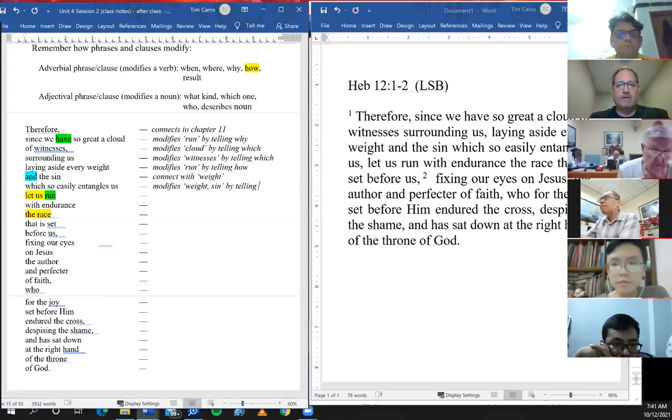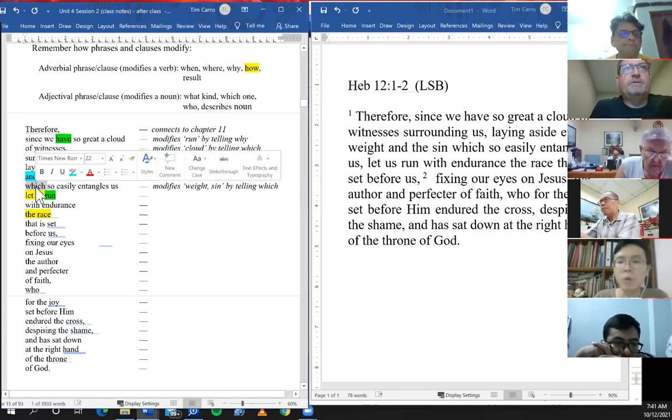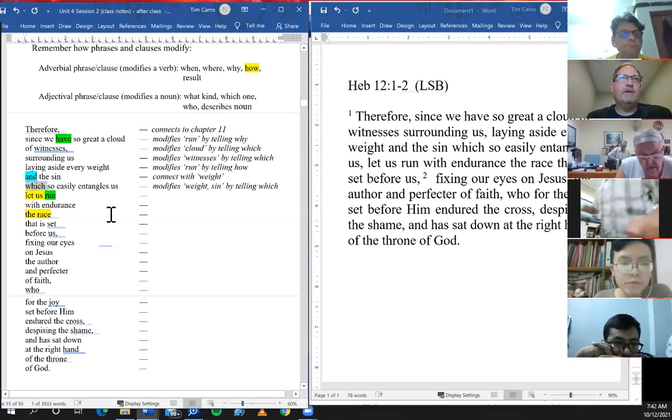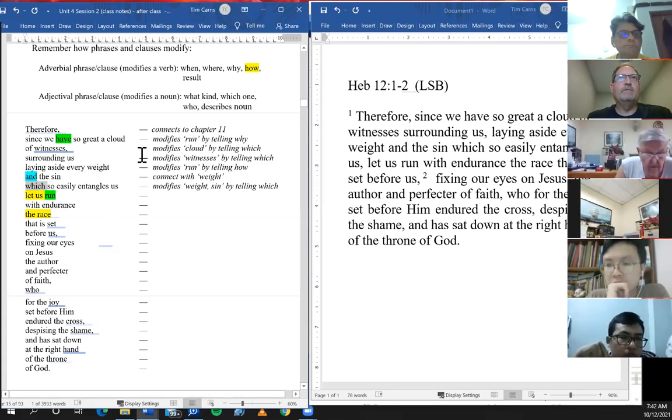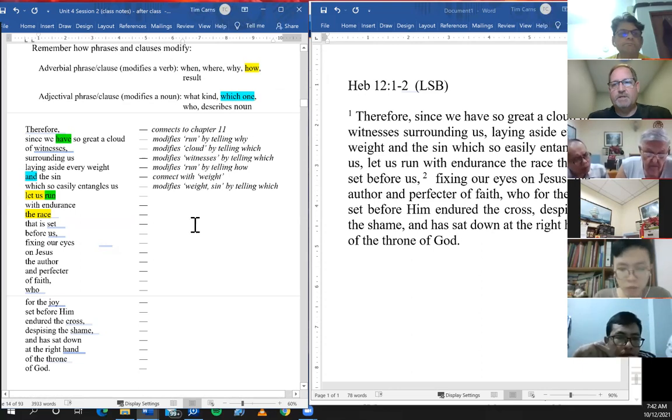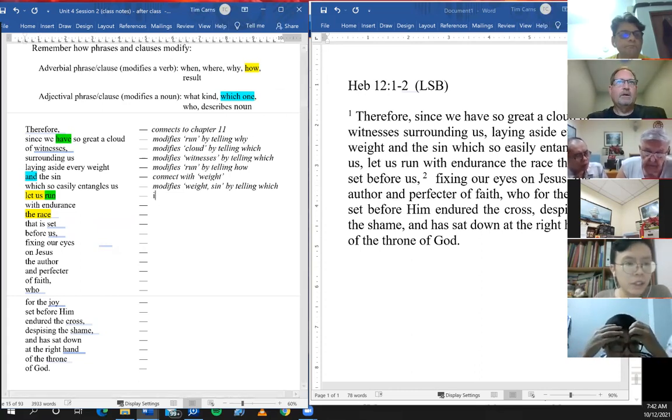Because we have the word which there also, that helps us to see it's modifying these two nouns, weight and sin. Again, notice it's answering the question, which one? Which weight? Which sin? The sin which so easily entangles us. All right, good.